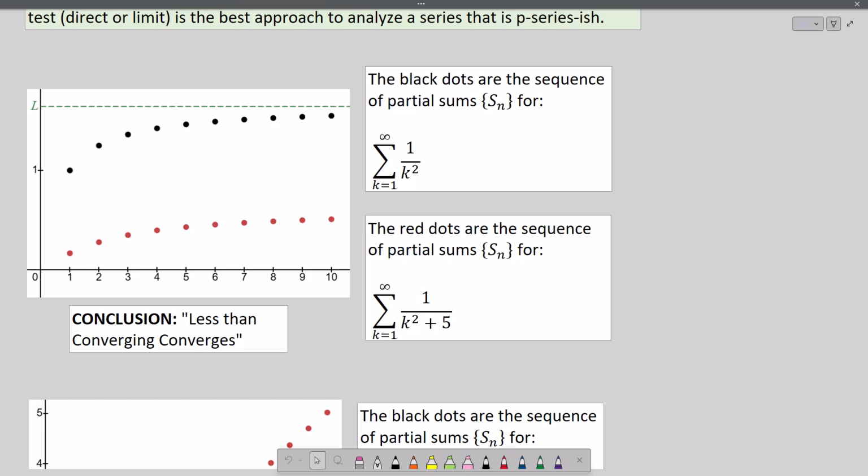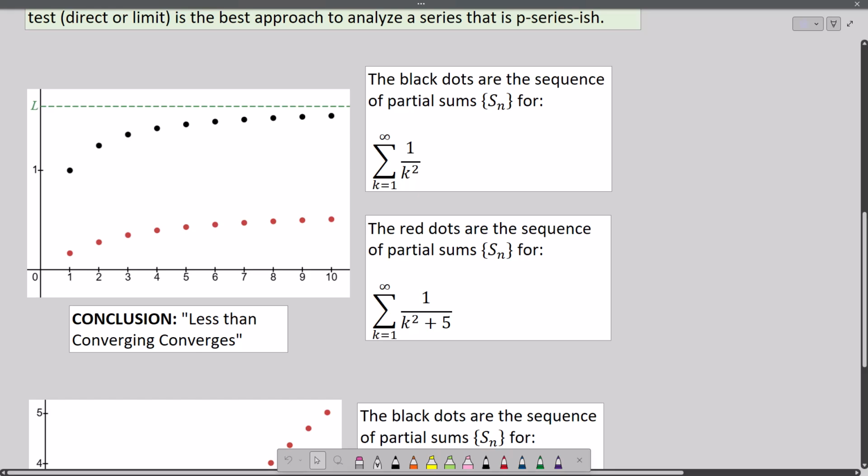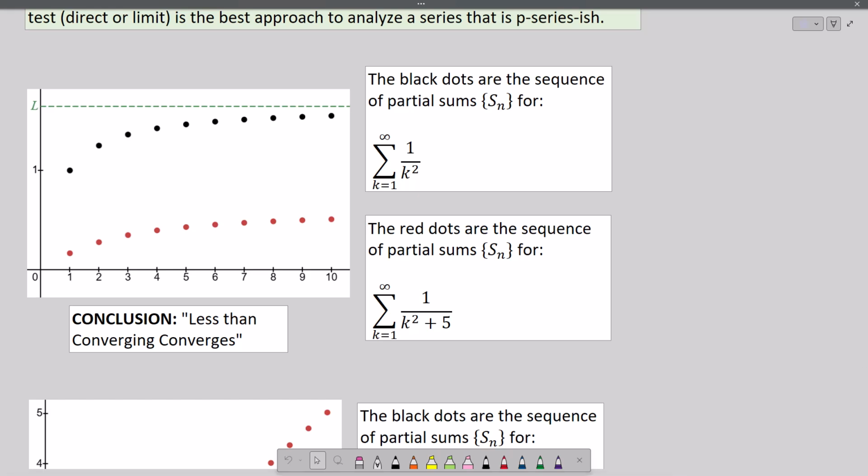The terms are going to 0 for a convergent series. Terms going to 0 fast means the partial sums are going to have a horizontal asymptote. When you add the terms together, you get your partial sums. You're adding less and less each time.